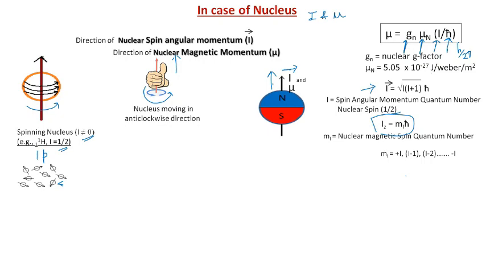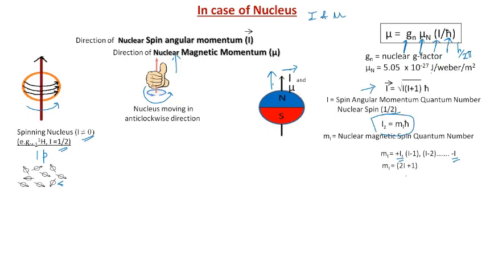This m_I depends on the values plus I to minus I, and this also tells us about the number of total allowed spin states it may adopt.